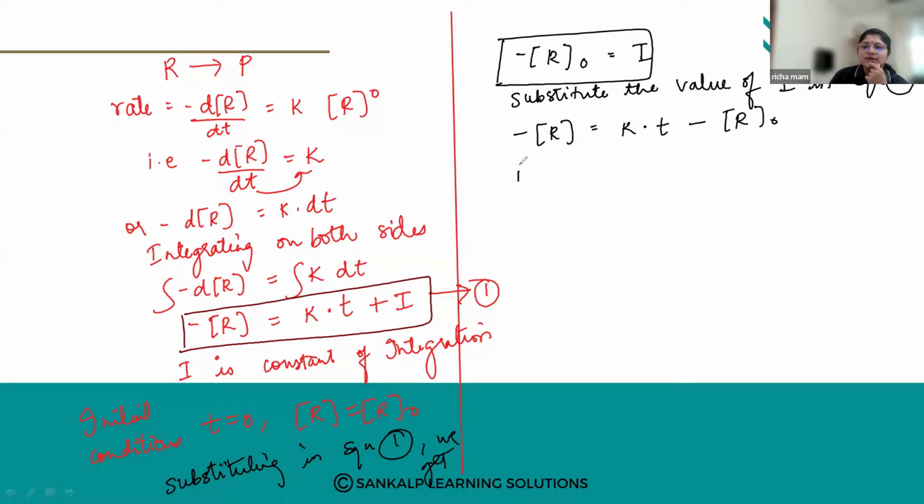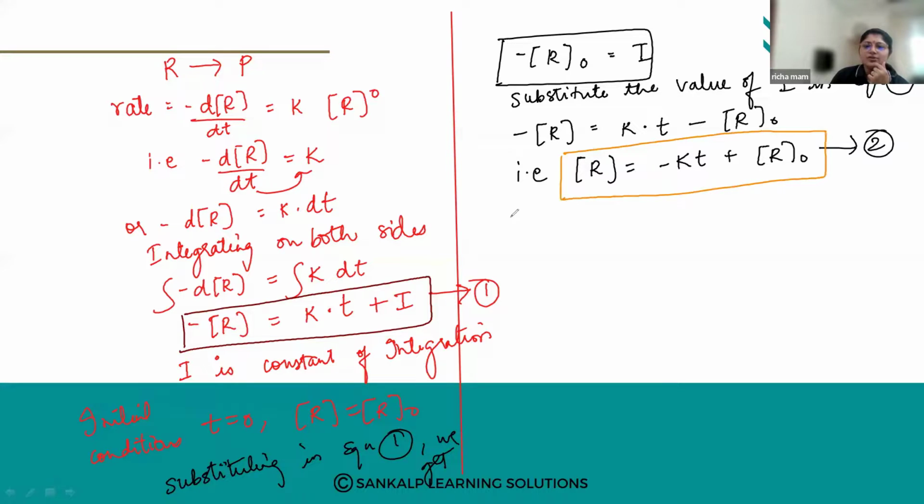Now we'll take this minus inside, so R equals minus kt plus R naught. This is your equation number 2. Let us rearrange it.